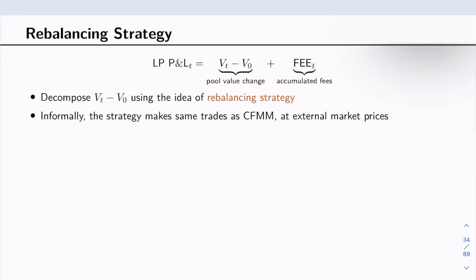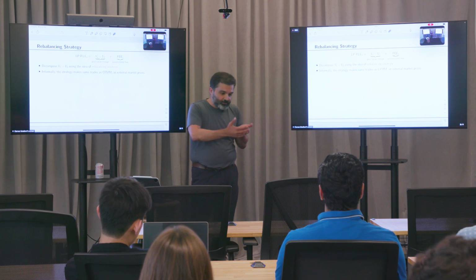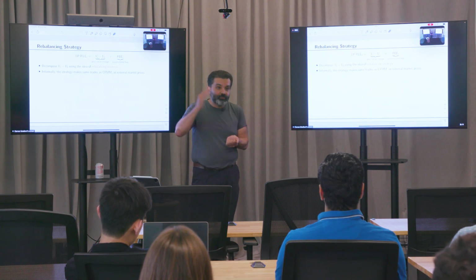And in order to understand how the pool changed in value, we're going to define something called the rebalancing strategy. That motivates the name loss versus rebalancing. And the idea of the rebalancing strategy is it's going to hold the same positions in the risky asset. In other words, it's going to do the same trades in terms of the quantity of the risky asset as the pool does. However, instead of trading against arbitrageurs that are arriving, it's going to directly trade against the centralized price.